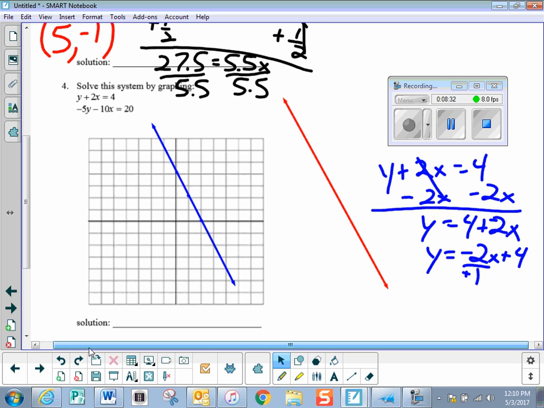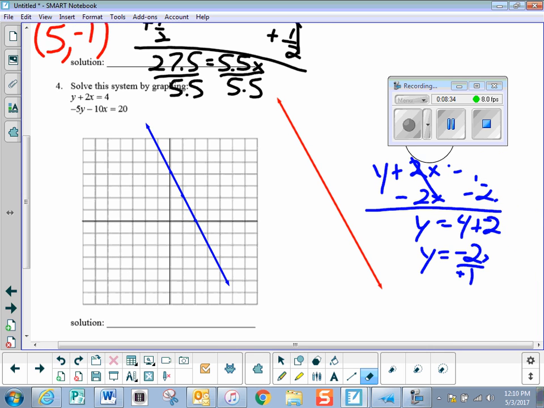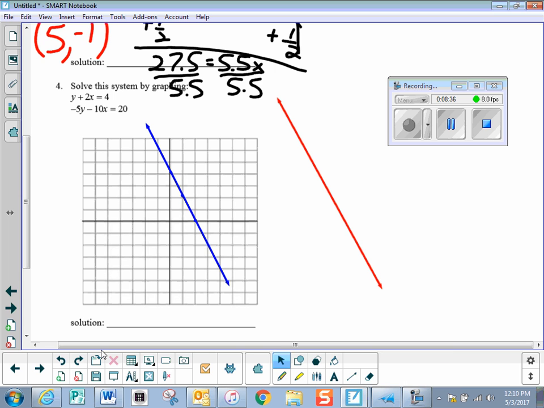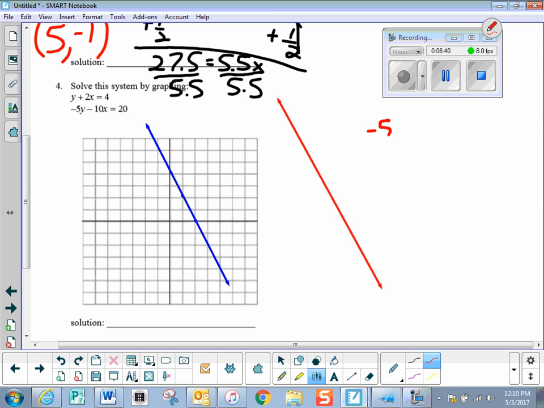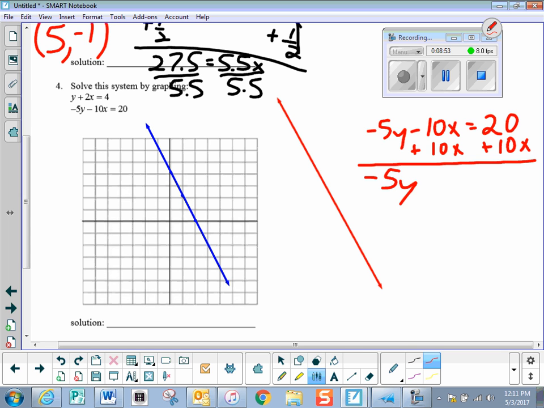Now the second one. This one was a little more challenging. So we have -5y minus 10x equals 20. Add 10x to both sides. So we get -5y equals 20 plus 10x.